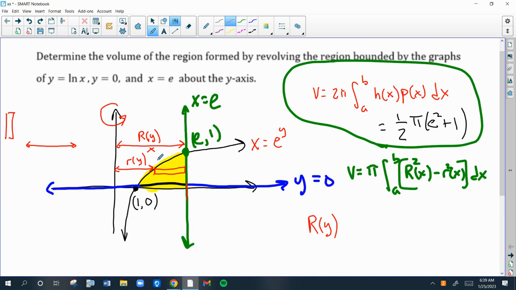You can see x here is e. So if you go by the endpoints, this would be e minus 0, or just e. But that's kind of obvious if you look at it. This length here is always e throughout the entire region. So that's pretty simple.